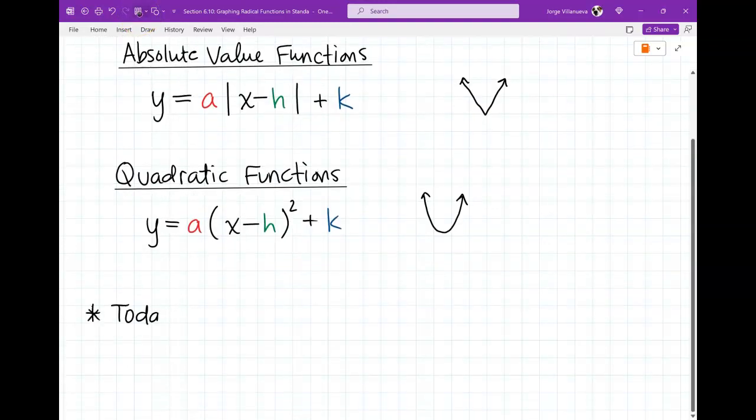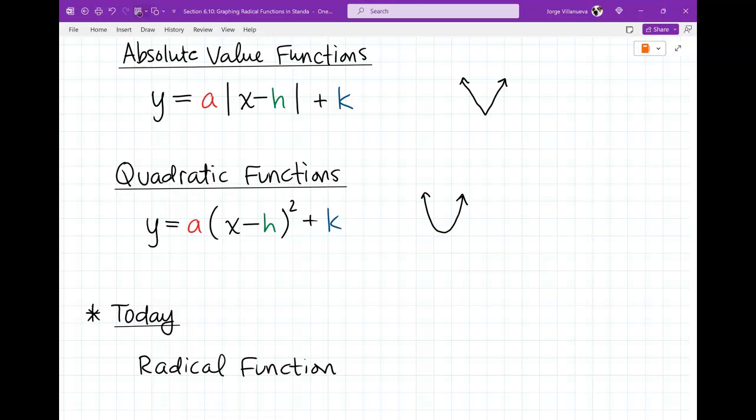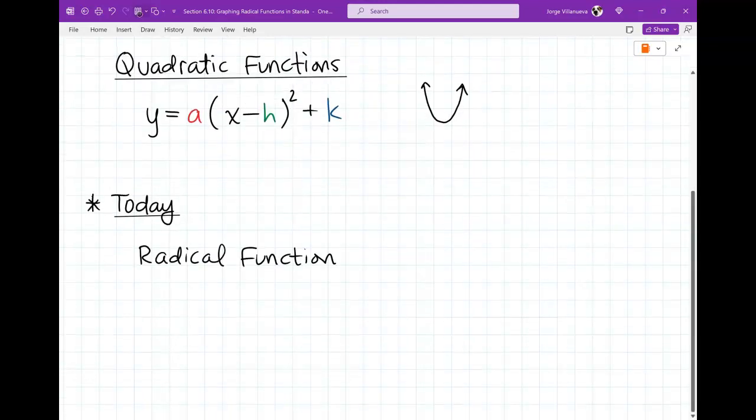So today, we're going to do the radical function. Okay, and the radical function is still going to look kind of similar.